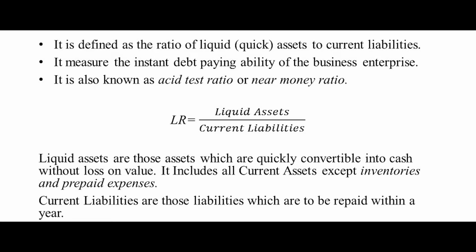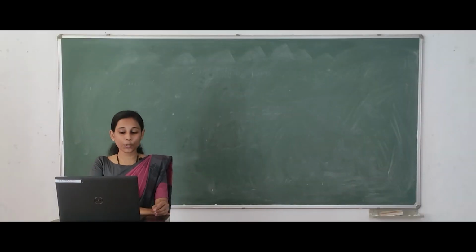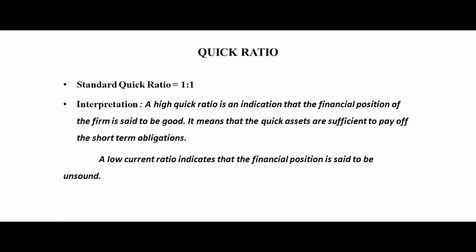Current liabilities are those liabilities which are to be repaid when they are due, or repaid within a year. Here the standard quick ratio is 1:1. That means liquid assets 1 and current liabilities in a proportion of 1.